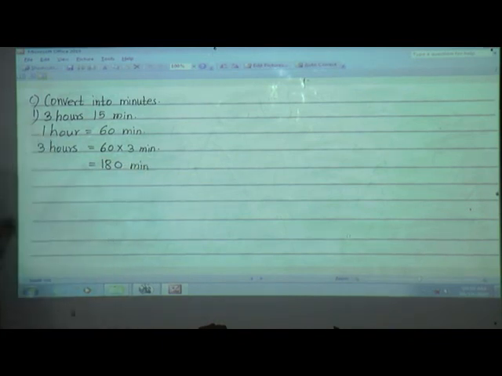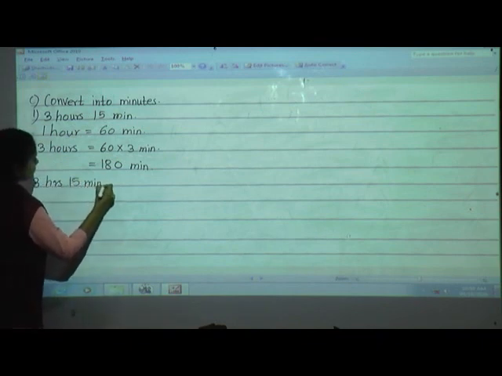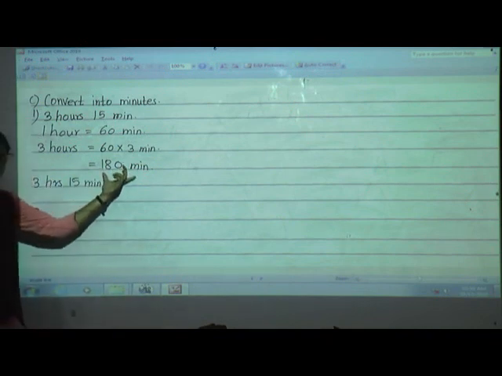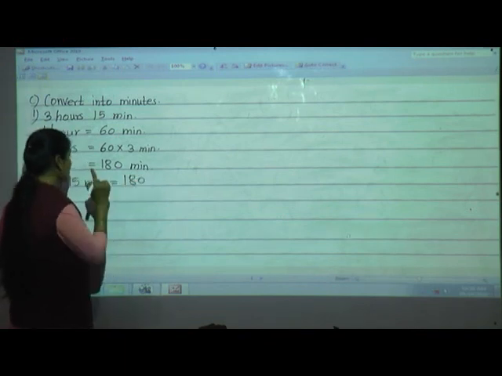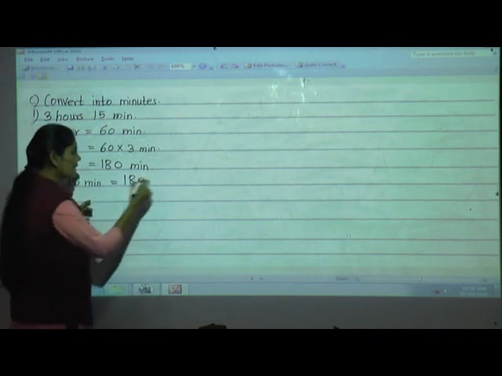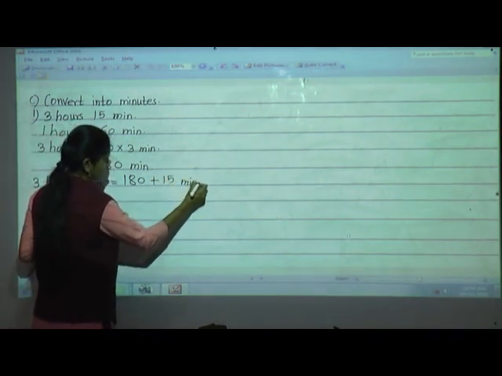So 3 hours is equal to 180 minutes. Now what is our question? 3 hours and 15 minutes. So here we'll write 3 hours 15 minutes is equal to. Now here 3 hours is equal to how many minutes? 180 minutes. So here we'll write 180. Then here 15 minutes are there, that we have to add.